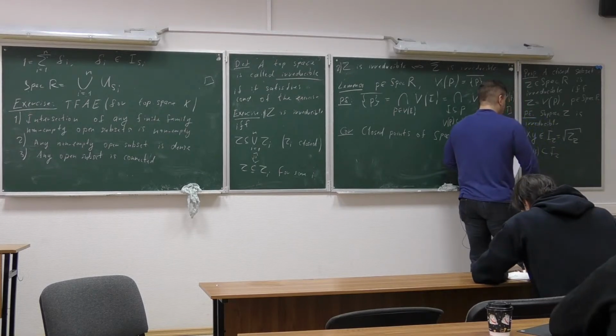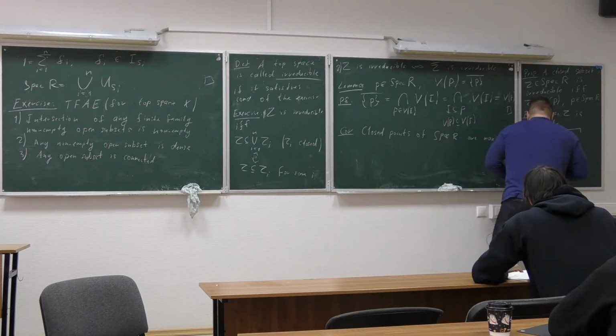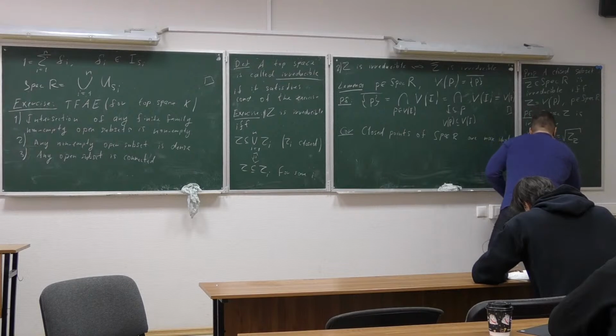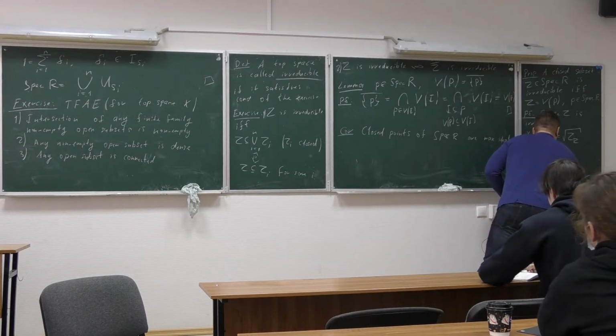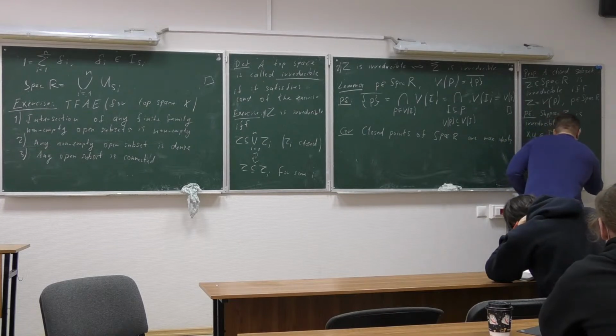And if I apply V to the left hand side and the right hand side, I'll get the following, that Z is a subset in the V of the product. But the V of the product is the union of the V of x with the V of y.